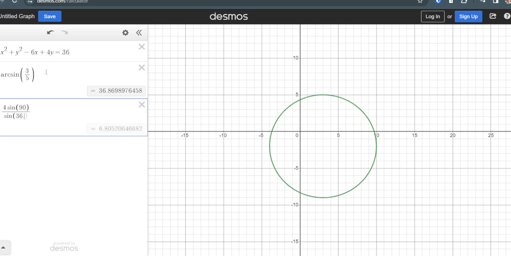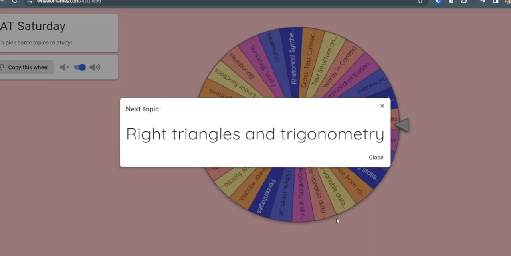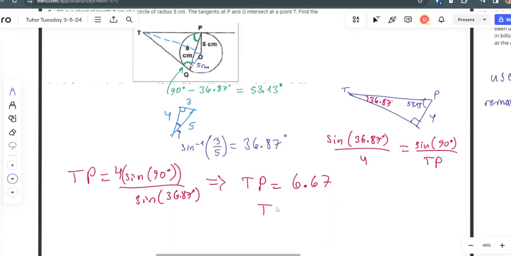And sine of 36.87 is, okay, so I get TP is equal to 6.67. I'm assuming with the rounding, TP is equal to 6 2/3, which is 20 over 3. So if you've got the answer, feel free to throw it in the chat, but that's what I end up getting.